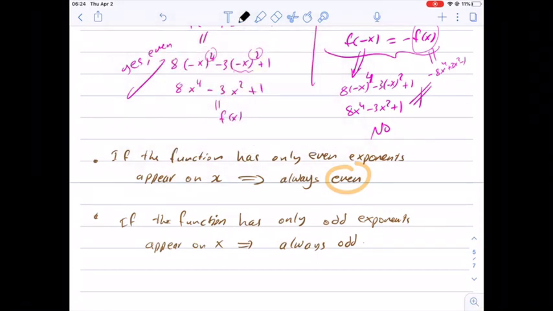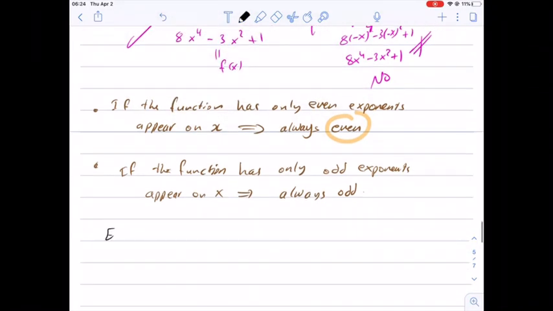Okay, so let's take another example. f of x equals 6x cubed minus 9x. Is this even or odd? Look at the powers. This power is 3 and this power is 1. Those are odd powers, or exponents.